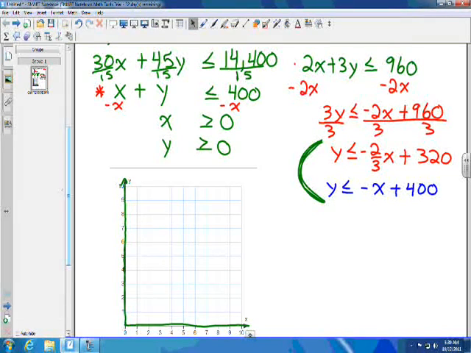And it should look like that. Alpha y equals, we change it to inequality intersection.